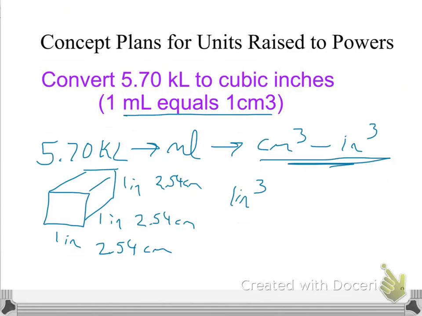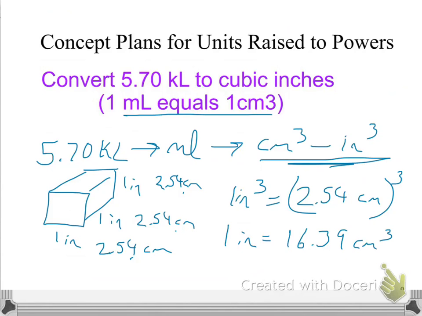So this 1 inch cubed is equal to 2.54 centimeters times 2.54 centimeters times 2.54 centimeters, which equals 2.54 centimeters cubed, or if you cube 2.54 centimeters, you end up with 16.39 centimeters cubed. So now we can utilize this equality for our conversion.